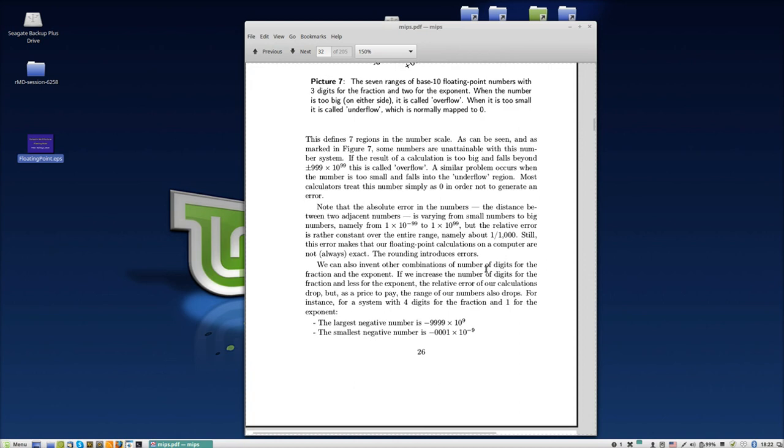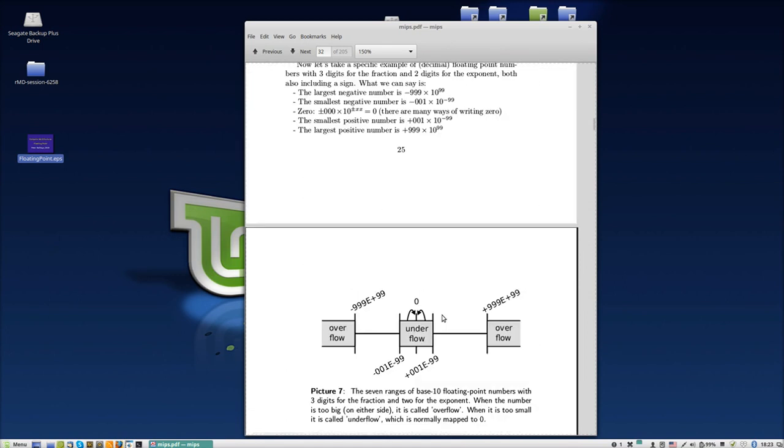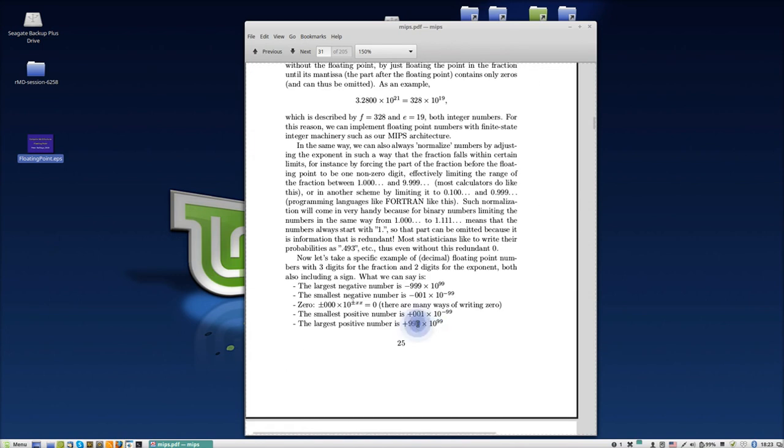And what now if we make 4 of those digits in front and 1 digit for the exponent? Now the largest number is 9999 times 10 to the power only 9, and for the others, I will ask you to believe me, we also have a lot of zeros. The biggest positive number is actually smaller than the one we had before.